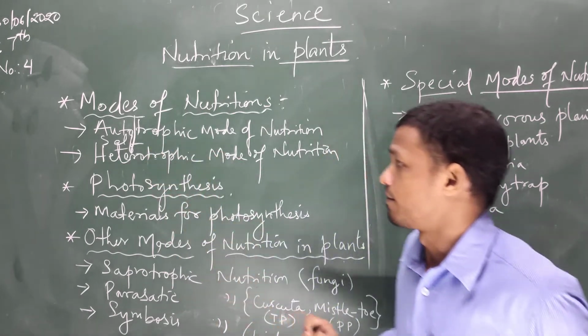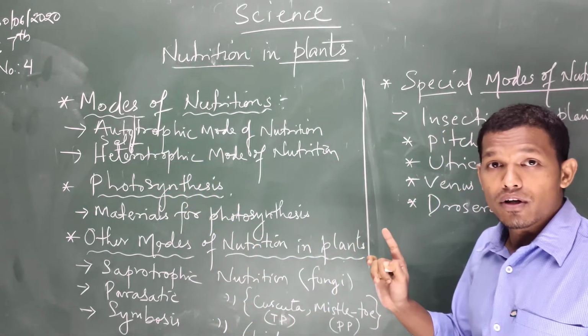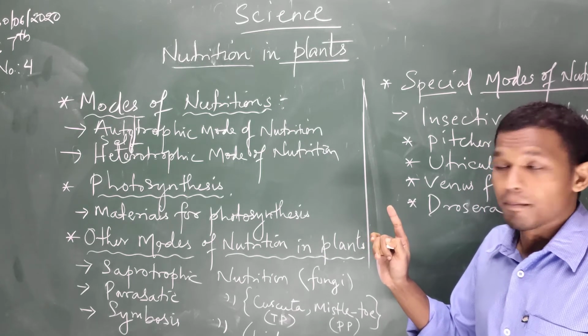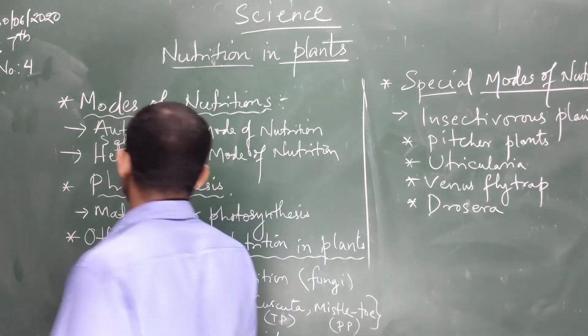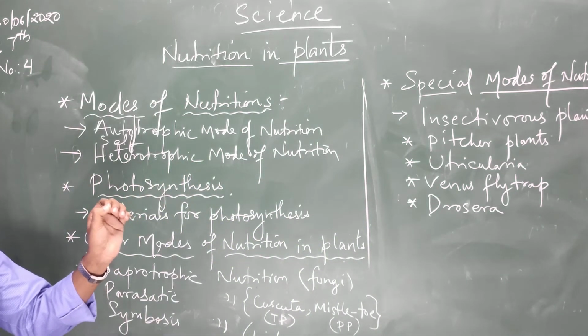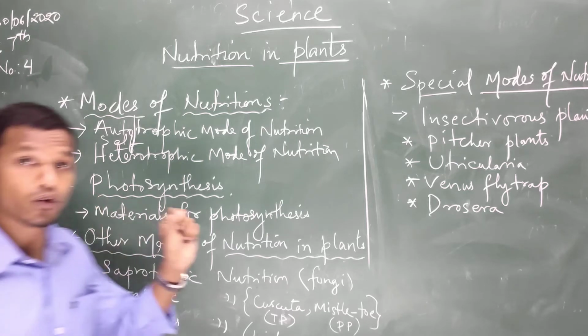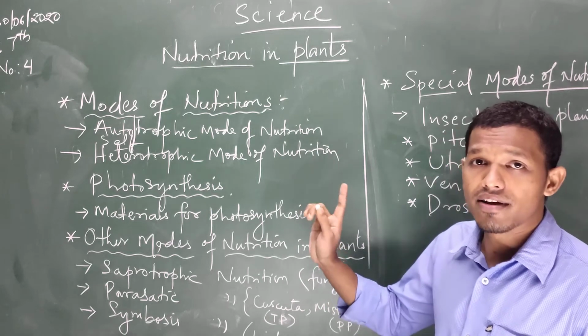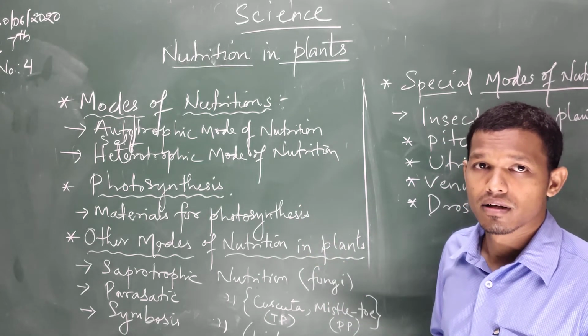The autotrophic mode of nutrition is carried out in organisms by taking simple substances for the food which is prepared by themselves, the plants. They don't depend on any other organisms.